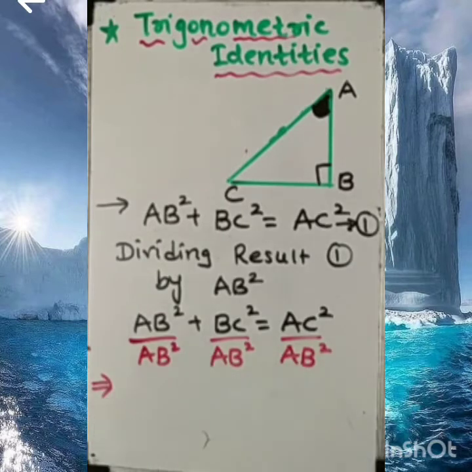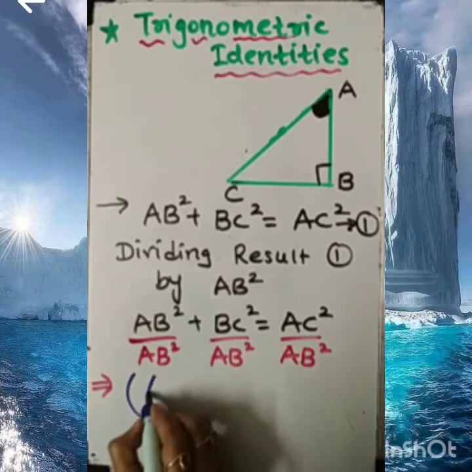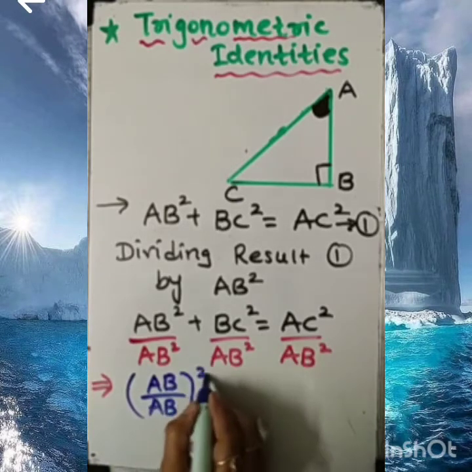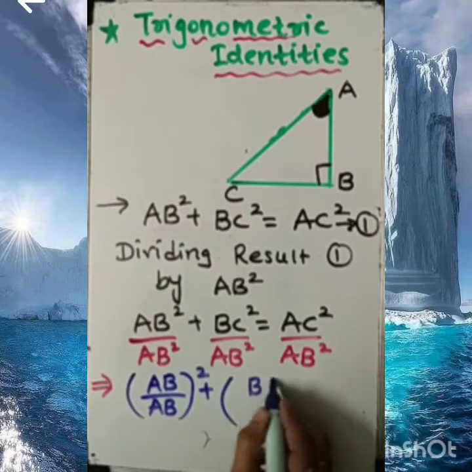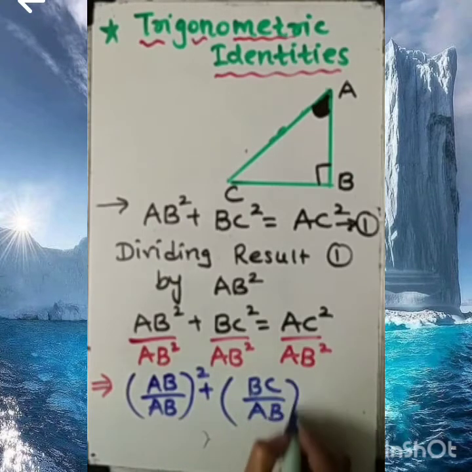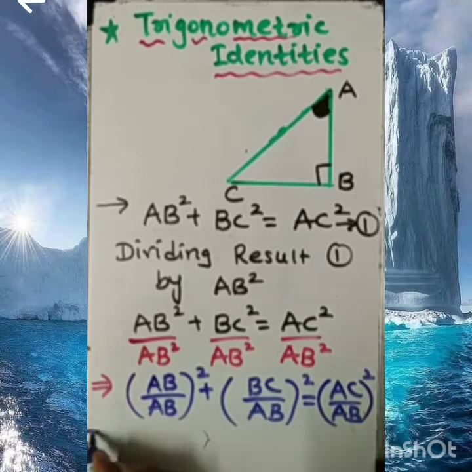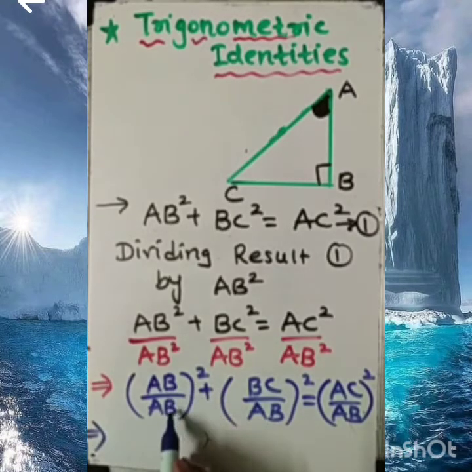Therefore, as we did in the first, I need to write AB upon AB whole square plus BC upon AB whole square equal to AC upon AB whole square. Now dear student, let's apply the rule. AB upon AB is 1, and 1 square is 1, you know. AB upon AB cancels, so it will be 1.